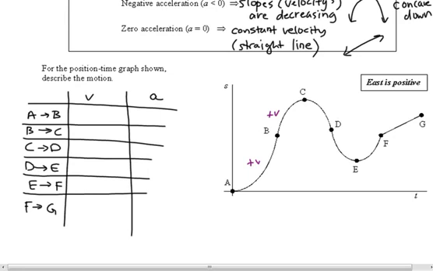C to D, we're going downhill, negative velocity. D to E, negative velocity. E to F, uphill, positive velocity. And F to G, constant velocity, but also positive. So we have plus, plus, negative, negative, plus, plus, but constant.